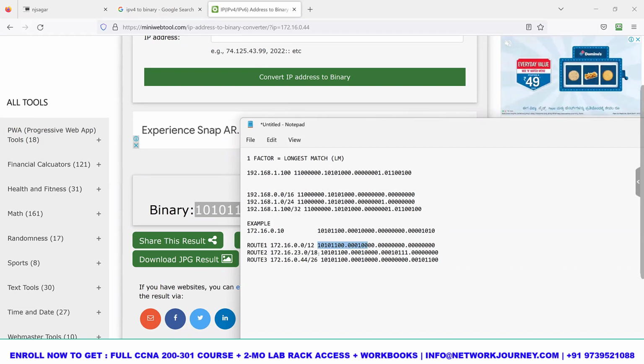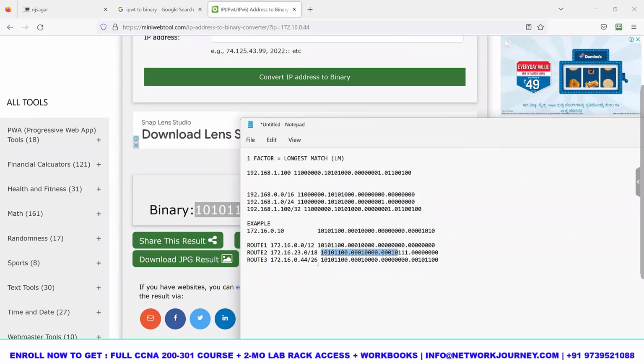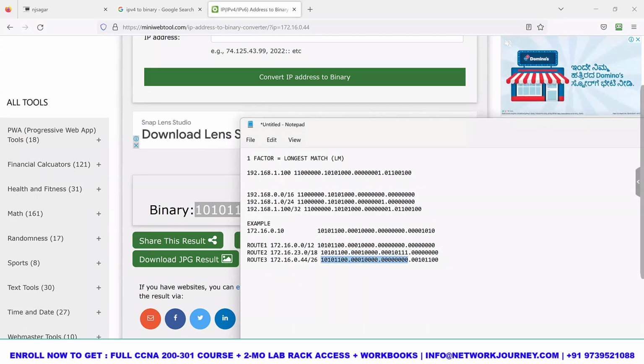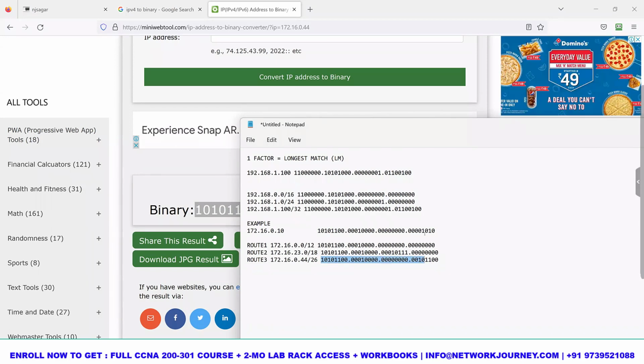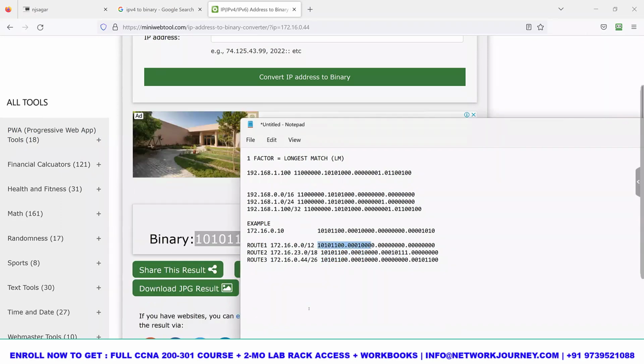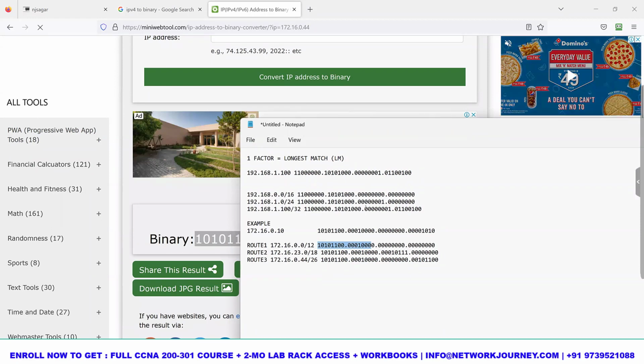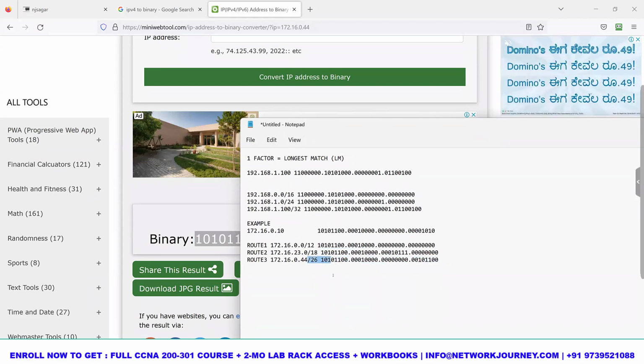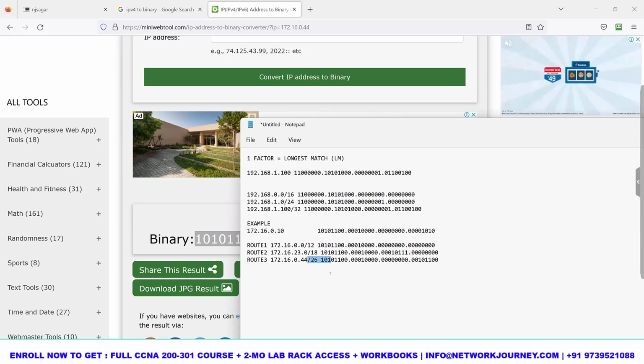If you have 18 with you, it would come somewhere till here. When you have 26, the match is more, the number of matches is more. So which is treated as the best route? If we have three routes, we will see which has the longest match. Let's say this is giving 26, this is giving 18, and this is giving 12. So the longest match wins, or you just see whichever CIDR value is the highest.